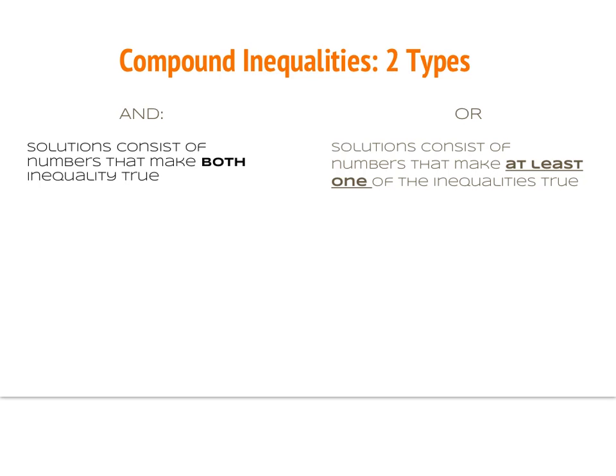Okay, so here are the two different types, so let's get these definitions down. The first type that we're going to talk about is and: the solutions consist of numbers that make both inequalities true. For or, it's solutions that consist of numbers that make at least one of the inequalities true.